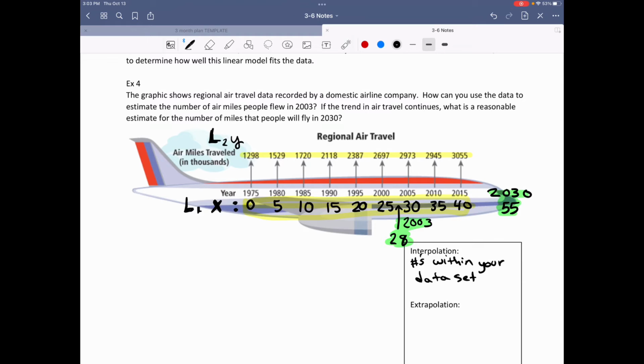So you can see that 2003, or the 28th year, is within our data set. But the 2030, we're making a prediction 15 years in the future from our data set. So that is making a prediction outside our data set.